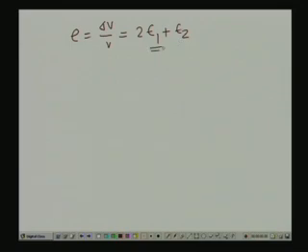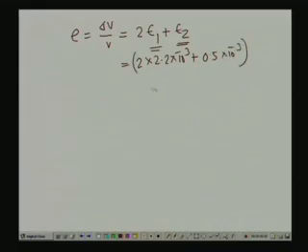Epsilon 1 we have seen is 2.2 into 10 to the power minus 3, and epsilon 2 is 0.5 into 10 to the power minus 3. So, this is 2 into 2.2 into 10 to the power minus 3 plus 0.5 into 10 to the power minus 3. This is the volumetric strain, equal to 4.9 into 10 to the power minus 3.